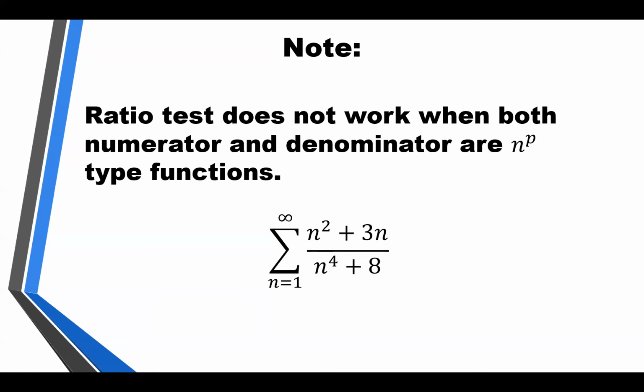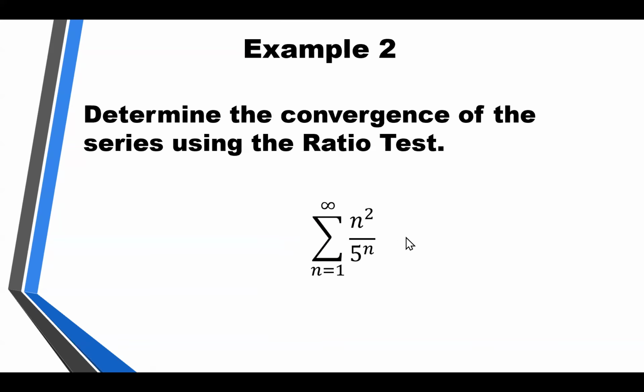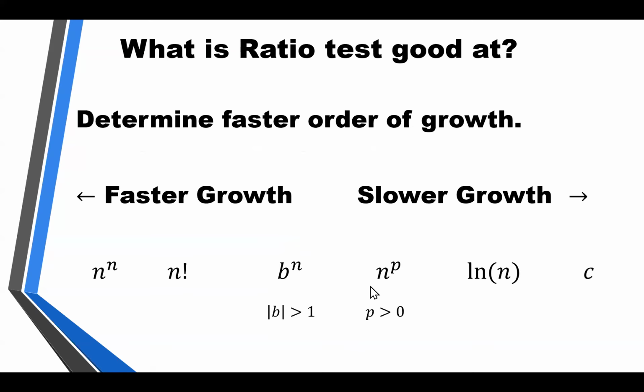So the ratio test doesn't work well when both numerator and denominator are n to the p type functions. By the way, even if I threw a natural log in here, like a natural log of n, if my fastest growth around is n to the p, so let's go back to that. If my fastest growth is n to the p, then I probably want to utilize a different test.